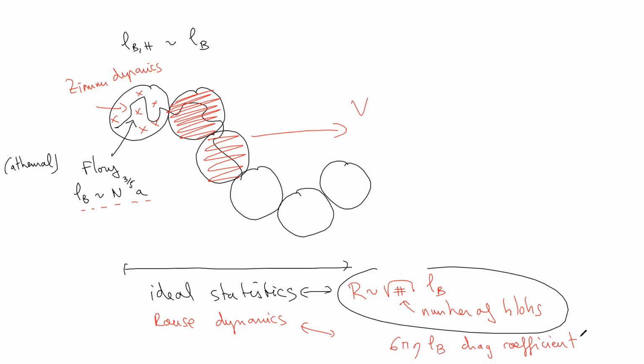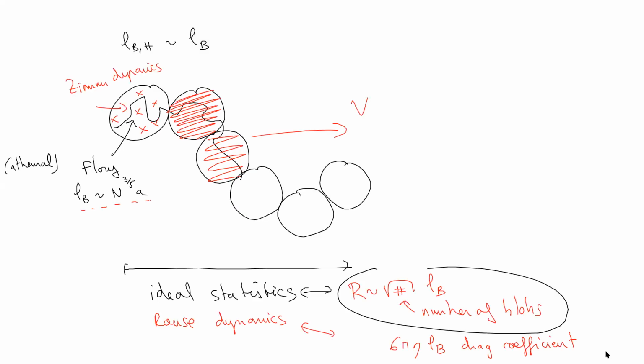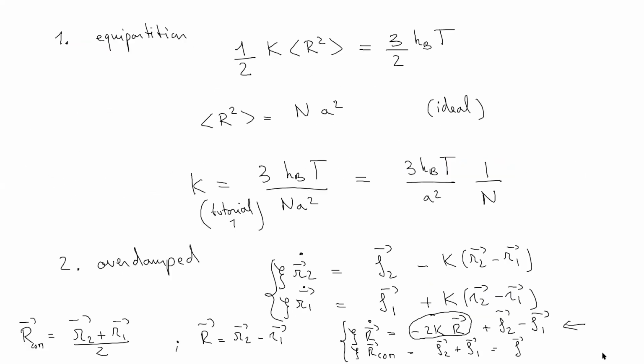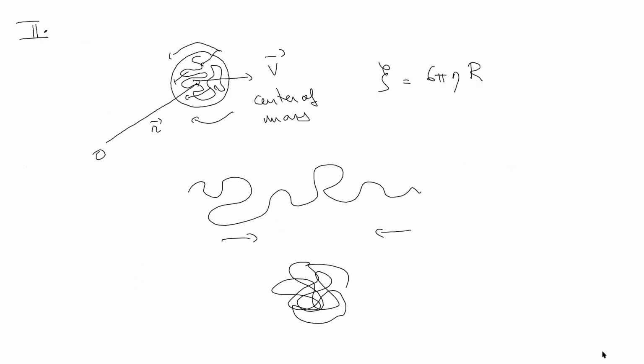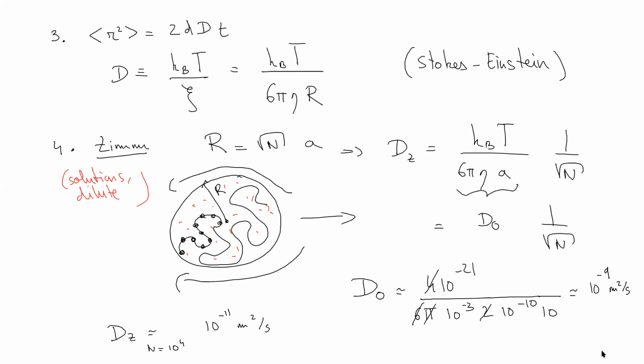of a semi-dilute solution. Okay, so let us put numbers on that. And prior to that, I would like to refine the previous picture, because so far, if you remember correctly, for the Zimm dynamics, let me just put it back here. As you can see here, I said, well, in the Zimm proposal, the polymer is a chain with solvent around, and so it will move as a rigid object.